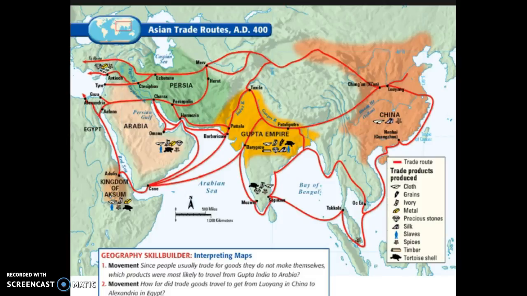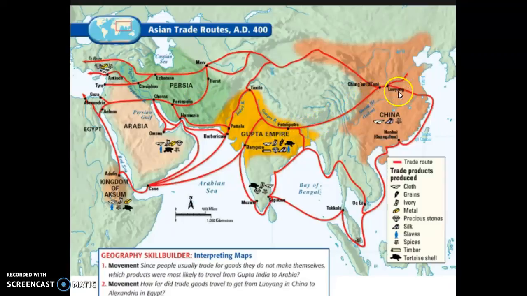All right, here we're looking at a map of Asia, primarily. And the point of showing you this is just so you can see some of the different trade routes that are taking place. You've got India here, the Gupta Empire in this case, and you can see the different trade routes.